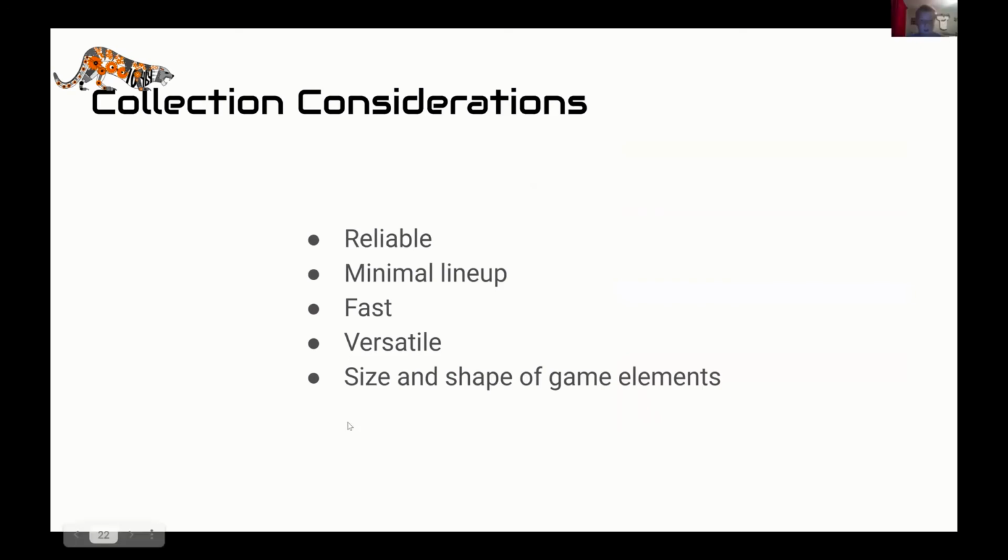So some collection considerations are the reliability of the thing. You don't really want something to be not very reliable. Minimal lineup: you don't want to take your time lining up your robot to intake your elements. You want it to be very fast, versatile, and you want to consider the size and shape of the game elements.